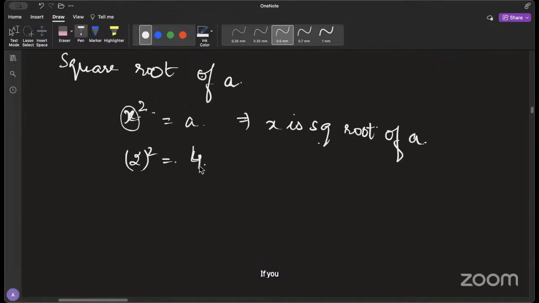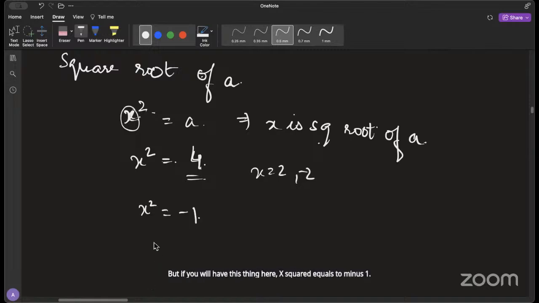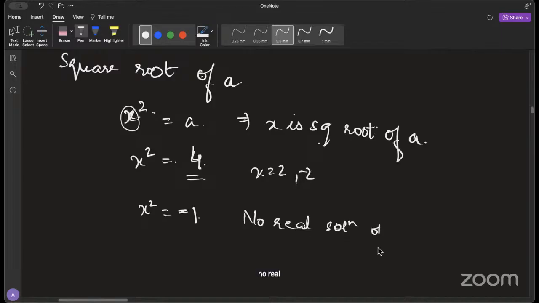If you have 4 here, we know x is going to be 2, right? How do you find that? You'll have x square equals 4, and from here you can directly see that x equals 2 and x equals minus 2 satisfy this equation. But if you have x square equals minus 1, then there is no real solution of this equation.